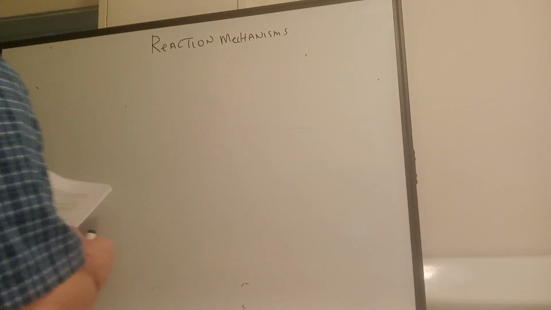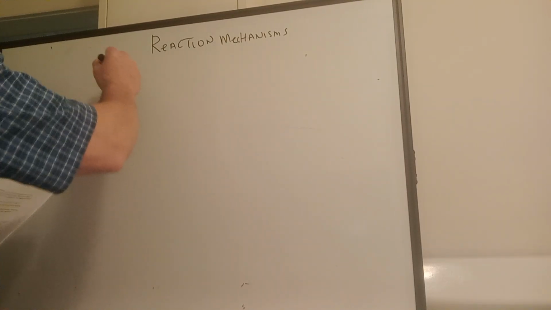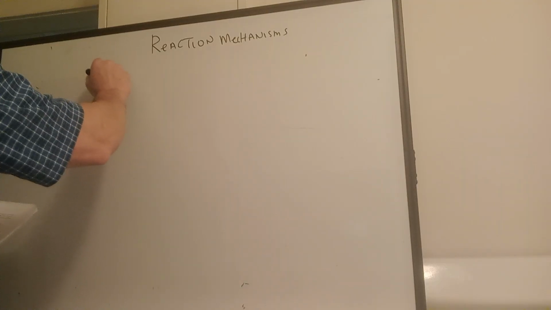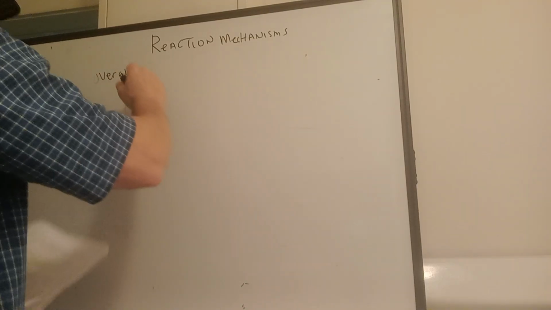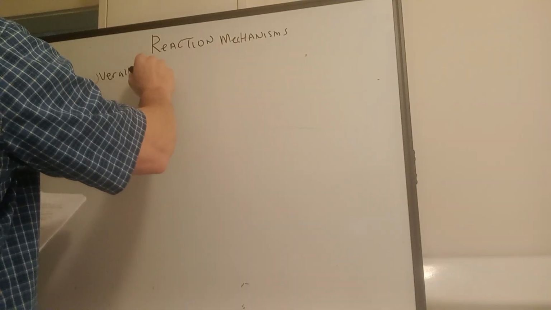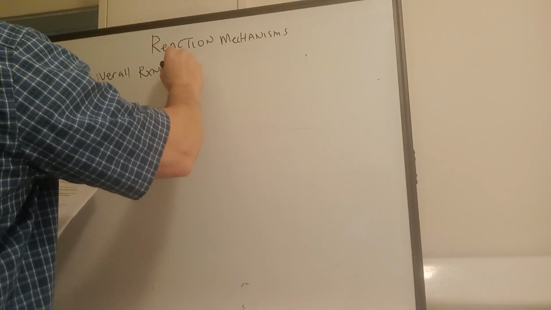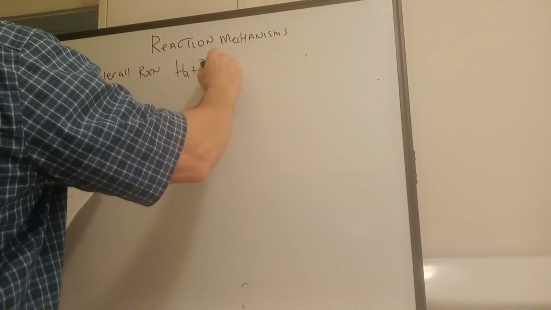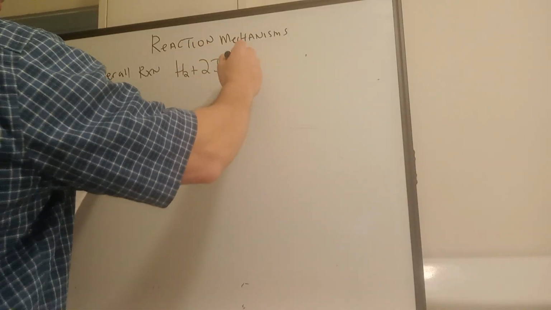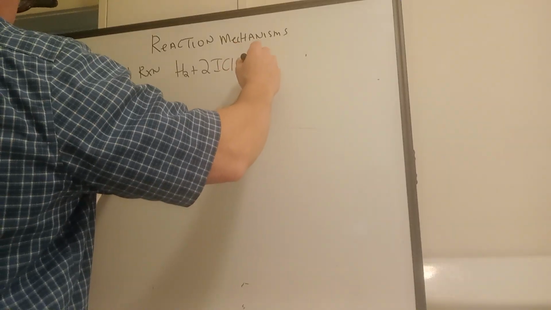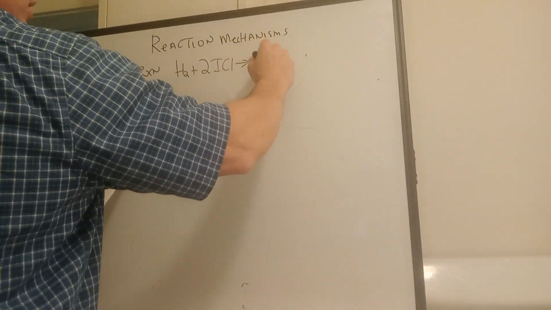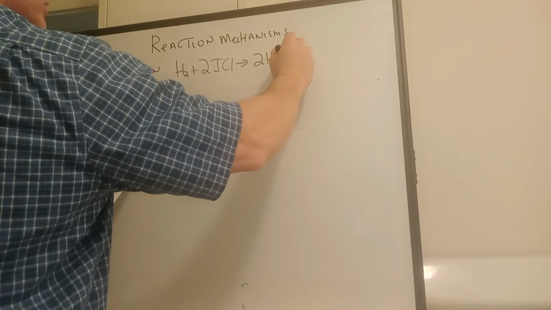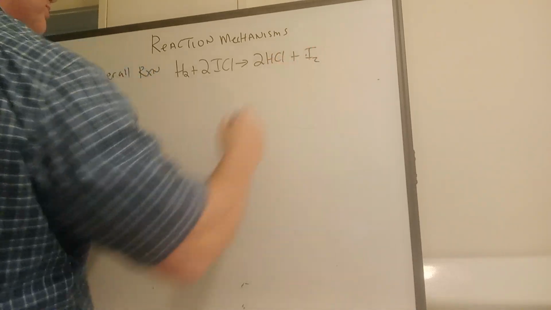So let's take, I'm on page 18 if you're following the unworked out note sets. Here's an overall reaction. It's all in the gas phase. You have H2 plus two ICl going to 2HCl gas and I2 gas.